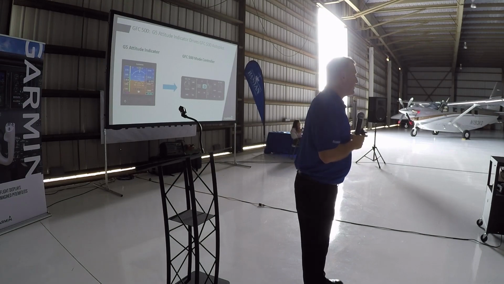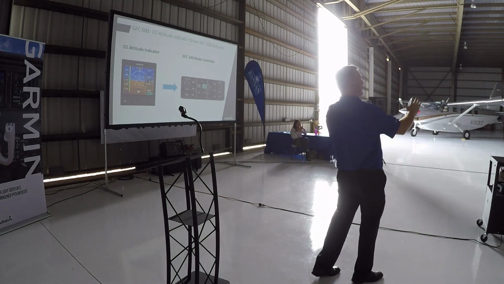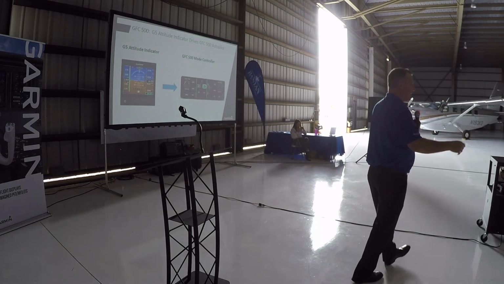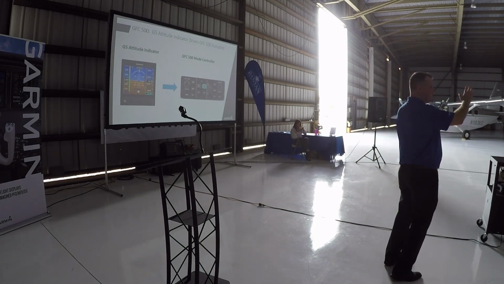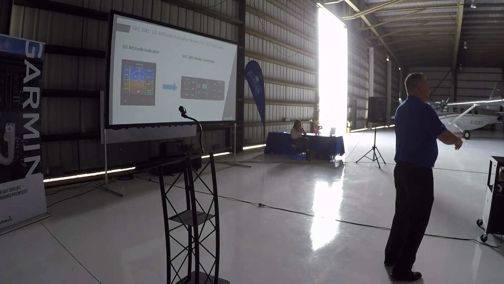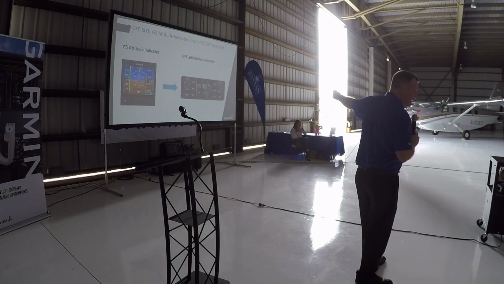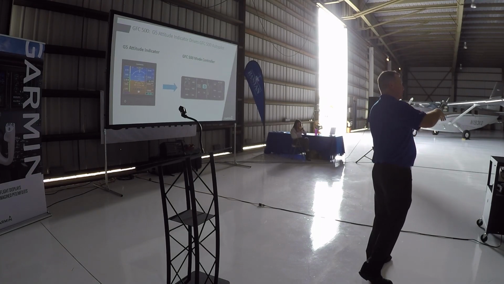If you're in a Cessna 172 and you put it in a 2,000 foot per minute climb, what's going to happen? You're going to stall, because it's going to try to hold that 2,000 foot per minute climb, but eventually it just doesn't have enough power to do it. So with an attitude-based autopilot, like the GFC 500, 600, or 700, now you can do indicated airspeed climbs.